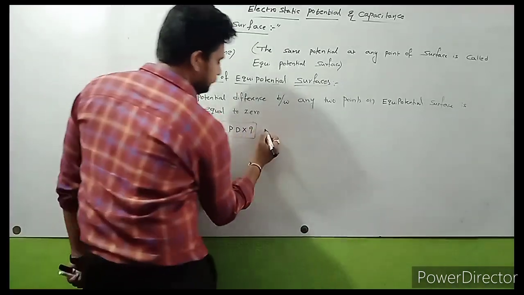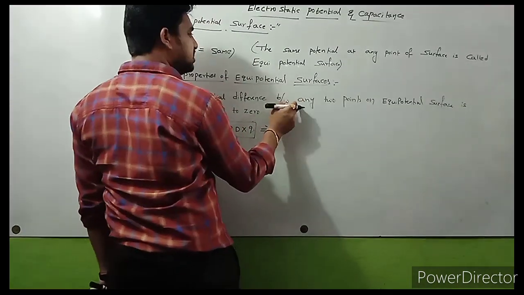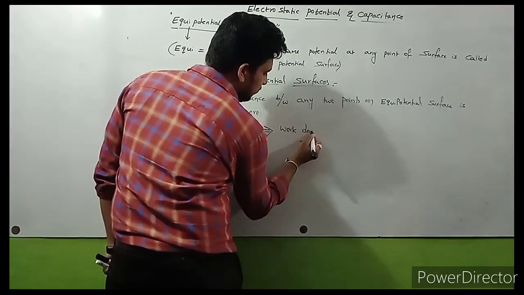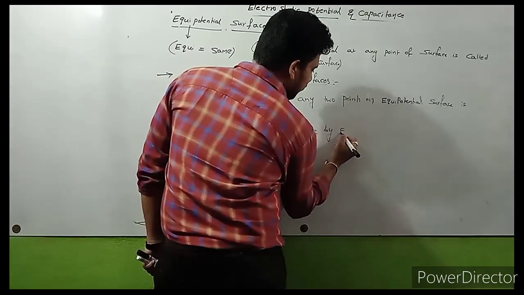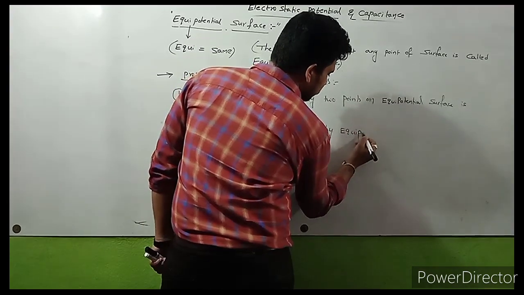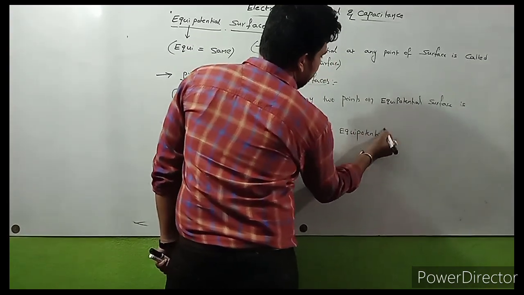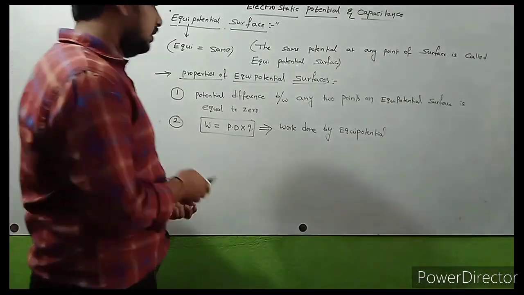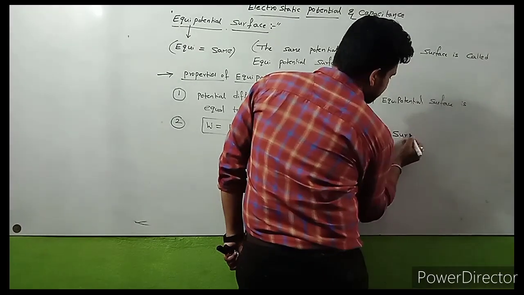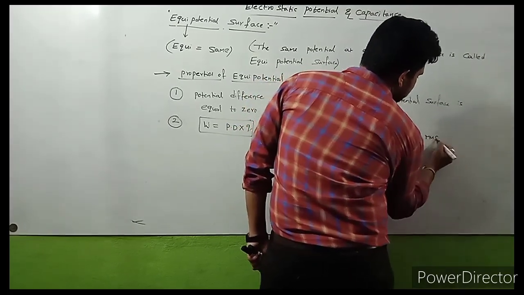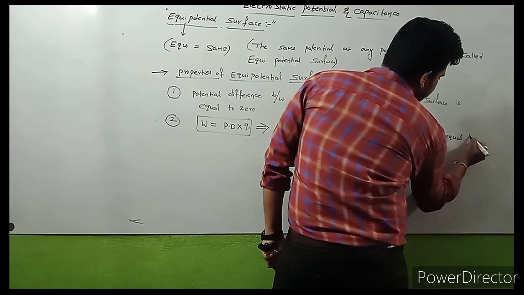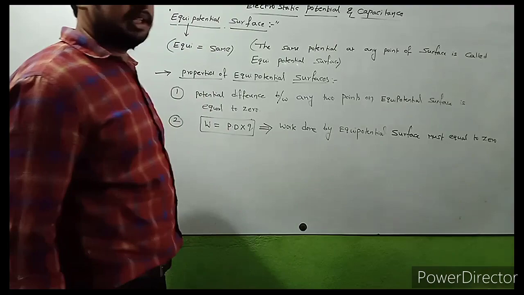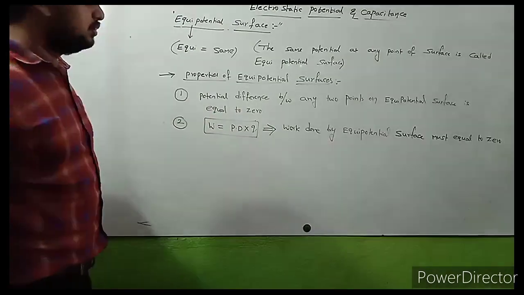According to this formula, if potential difference is 0 means definitely work done by equipotential surface must equal to 0. Work done by equipotential surface must equal to 0.